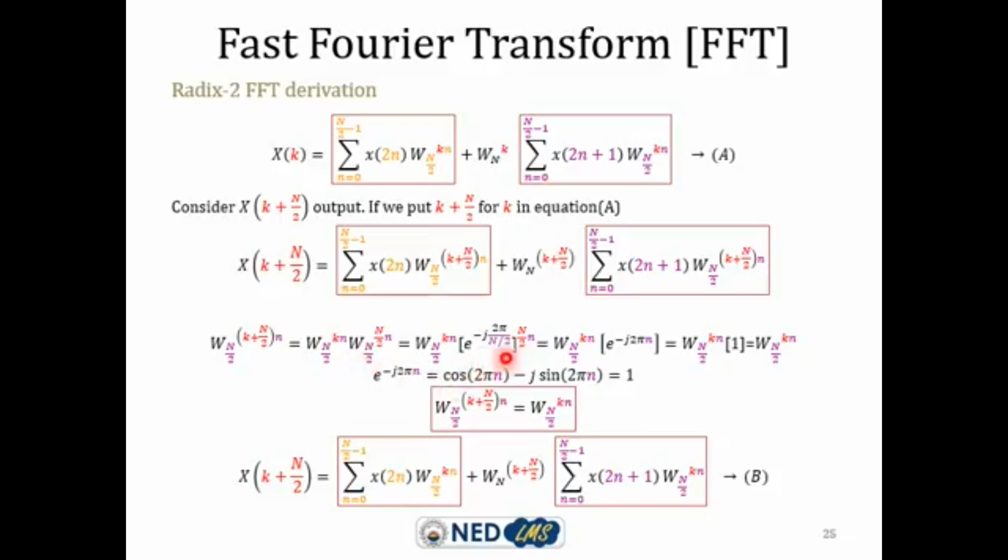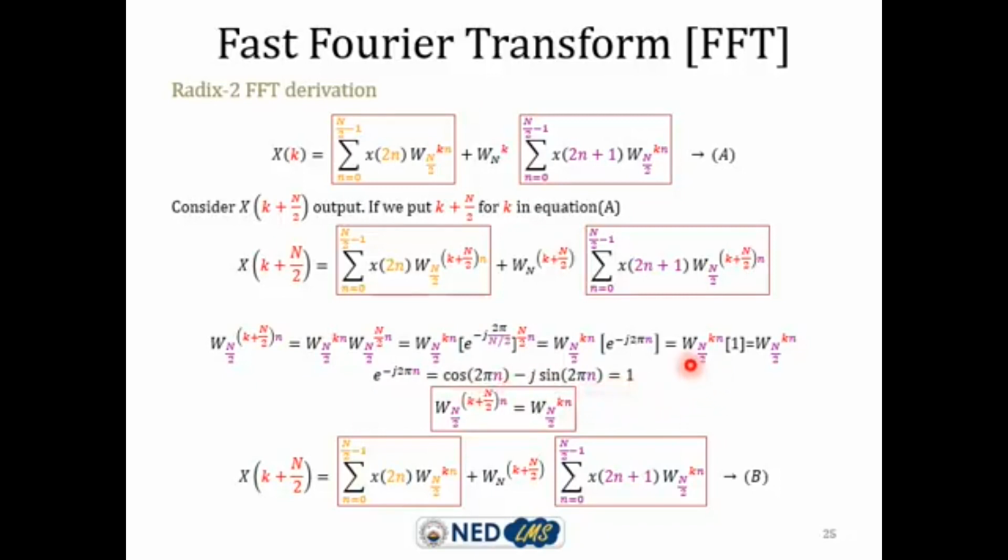On simplifying these numbers, we will get exponential minus j 2 pi n, which will always be equal to 1, because by definition it is equal to cos 2 pi n minus j sine 2 pi n. And for any integer value of n, the result of exponential minus j 2 pi n will be equal to 1.